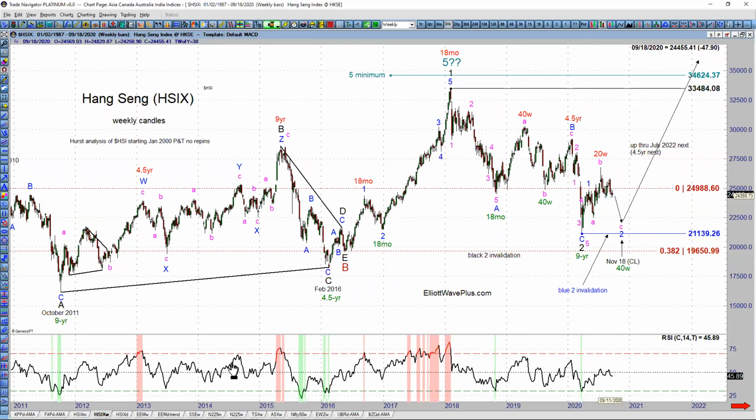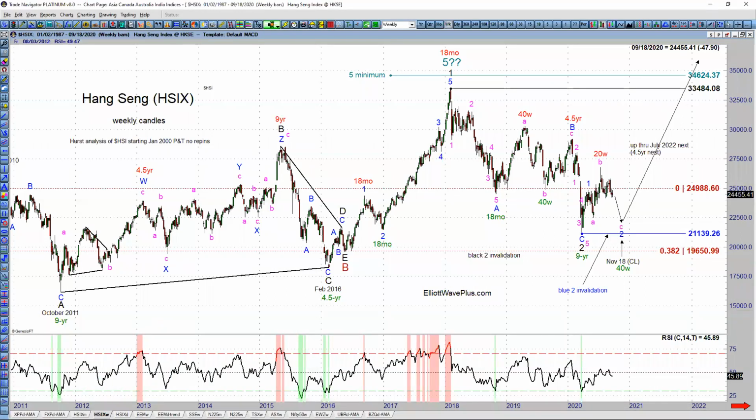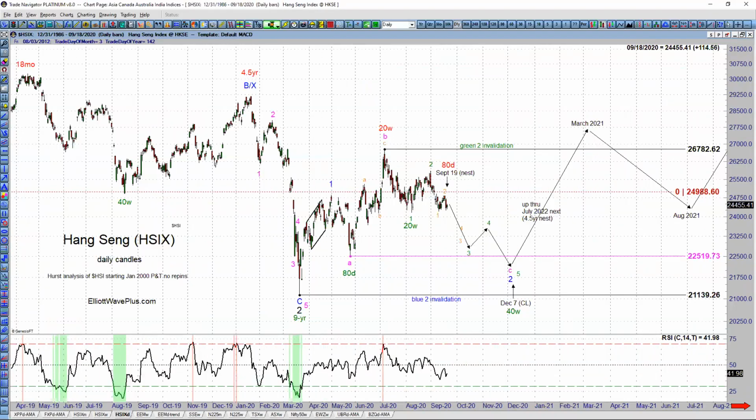EEM. And that would mean that the U.S. dollar would strengthen until about then, and then would return to weakening mode. A stronger dollar generally is a headwind for emerging markets.